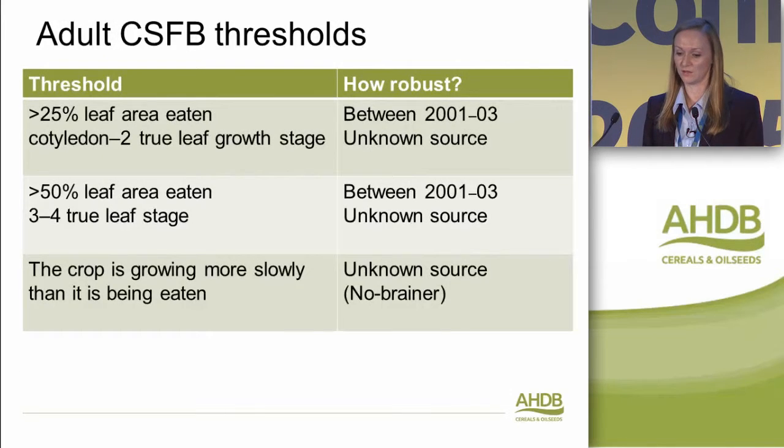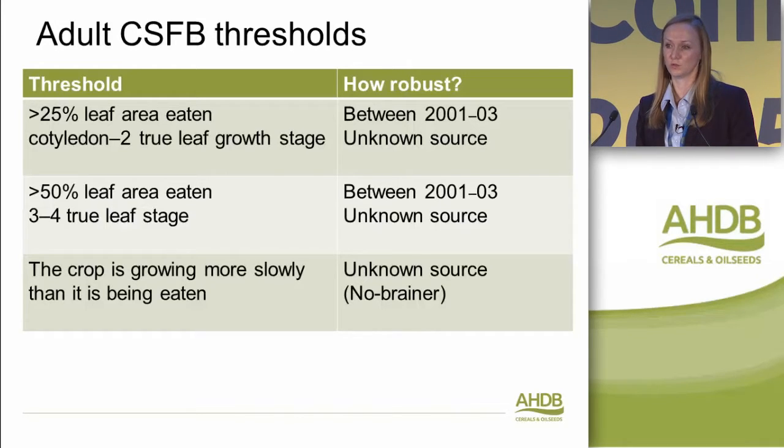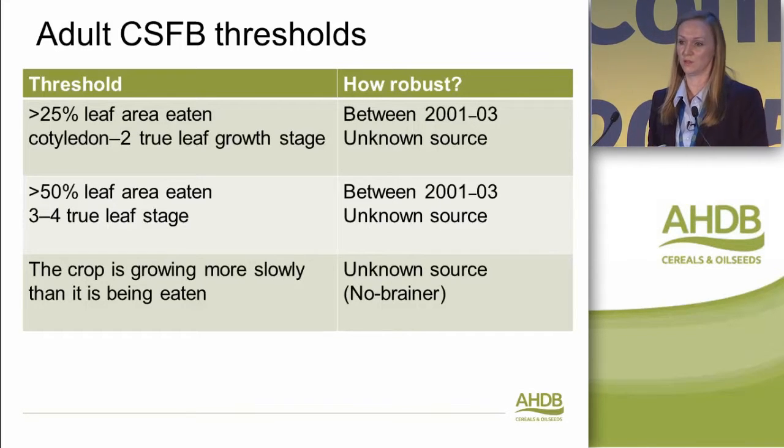So if we look now at the adult beetle thresholds, I looked as hard as I could to try and find the source of where this threshold appeared, and all I could find was that it came in between 2001 and 2003, and as I couldn't find any papers to back it up, it seems clear that it was introduced more as guidelines for those crops that did come into that more vulnerable stage, so backwards or slower growing, because back then it was always thought the larvae were the more important ones, so that's where all the research was done.